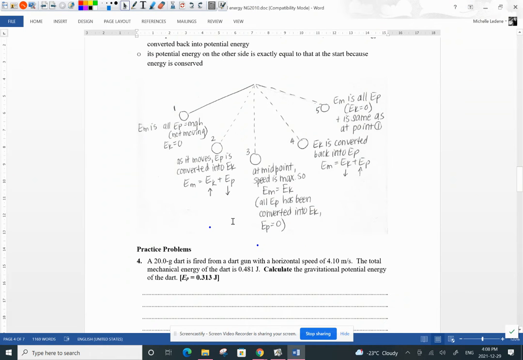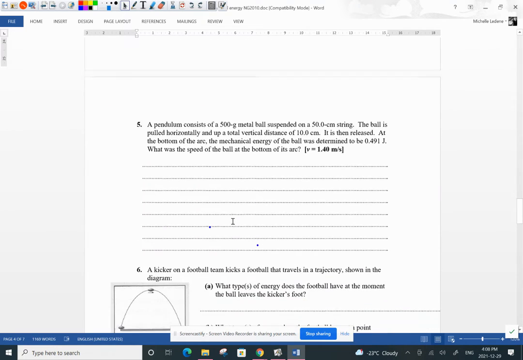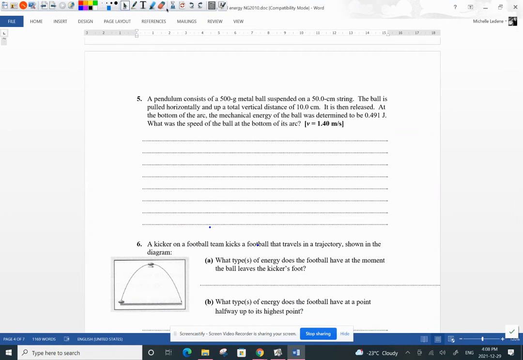Okay, so let's do an example practice problem of a pendulum. Here we've got this pendulum, and we're given the mass of the bob, or the little metal ball, and it's 500 grams, so we know its mass.